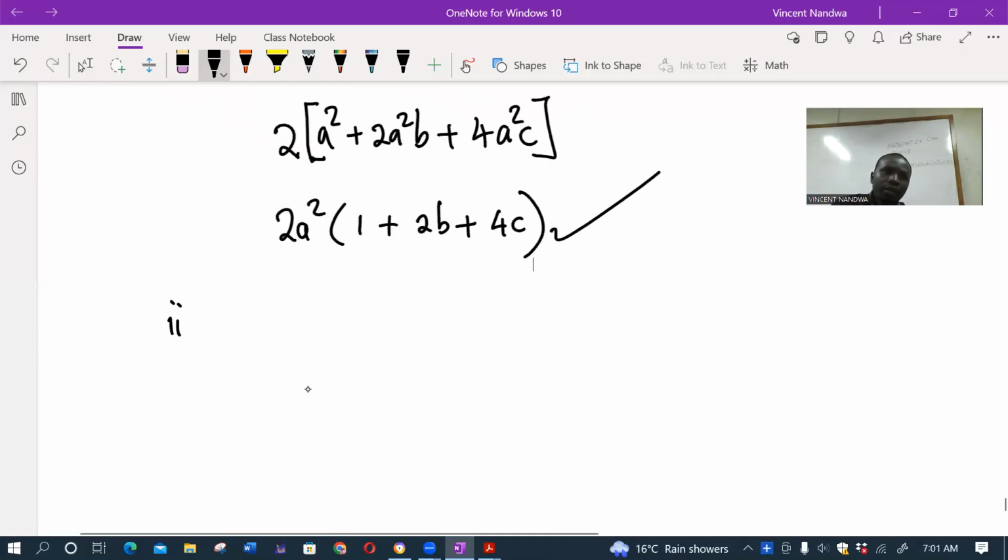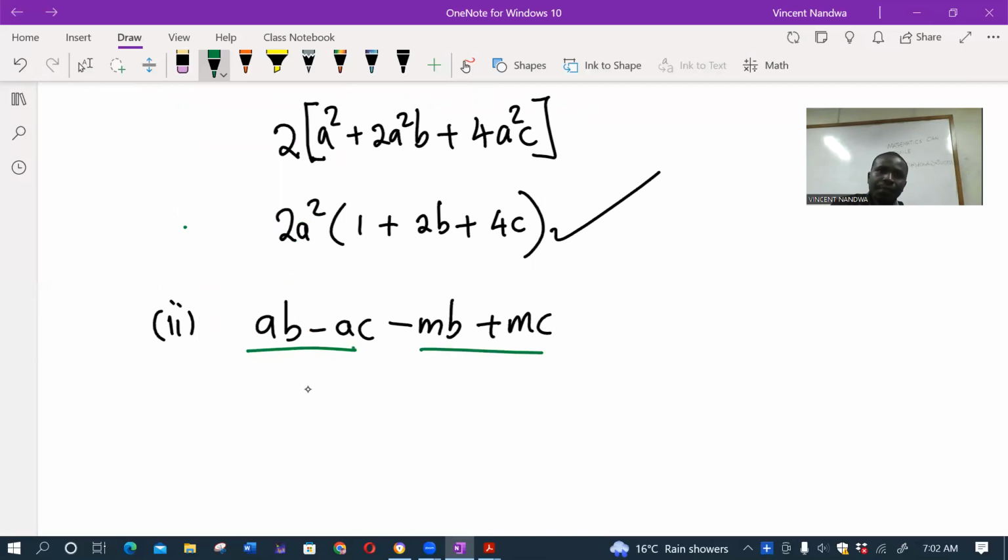And then part B, we had ab minus ac minus mb plus mc. A lot of work had already been done on this question because now we have 4 terms, so we can easily do the pairing. This first pair, this second pair. In the first pair, a is common. So we write a into brackets, b minus c, close brackets, minus, here m is common, into b minus c.